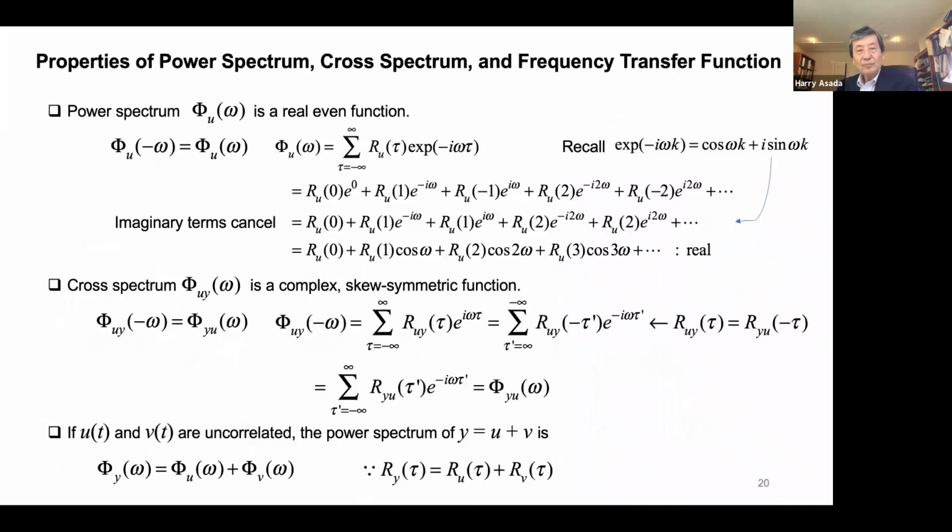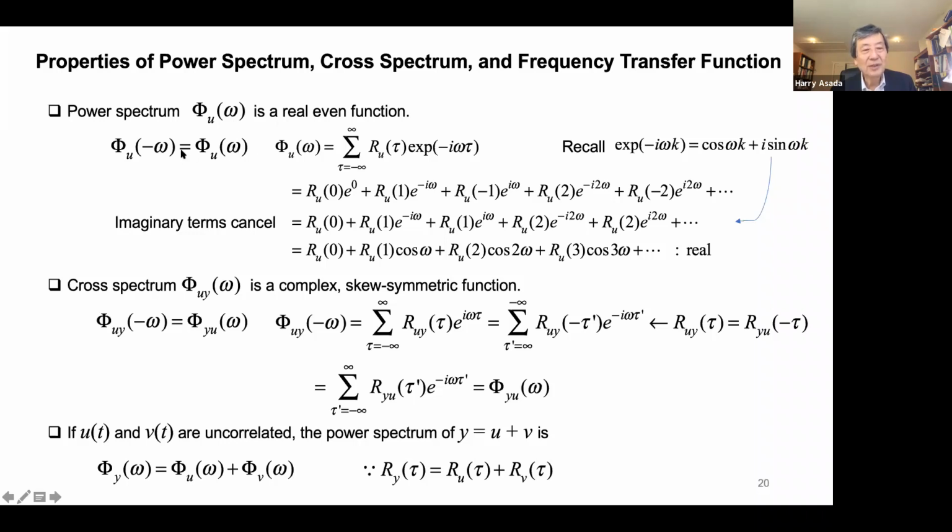Now, here are a few more important basic mathematical properties of the power spectrum, the cross spectrum, and the frequency transfer function. First of all, the power spectrum, by definition, is an even function.